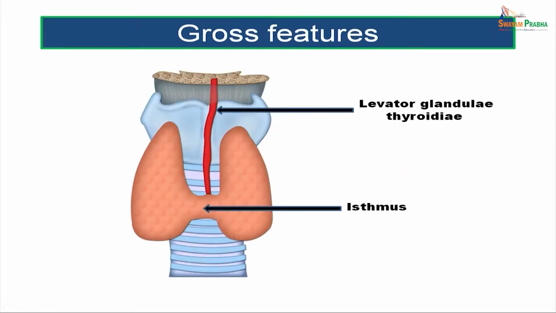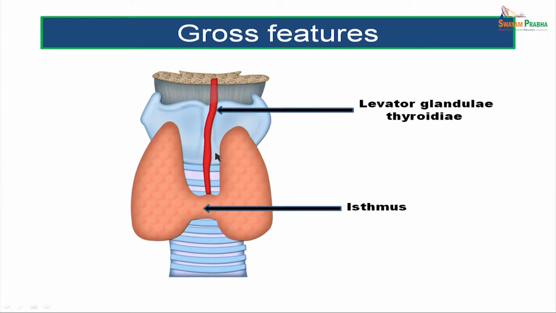Occasionally, you also find a fibrous band connecting the upper border of the isthmus to the bone which is present on the anterior surface of the neck, and that fibrous band is the levator glandulae thyroideae.